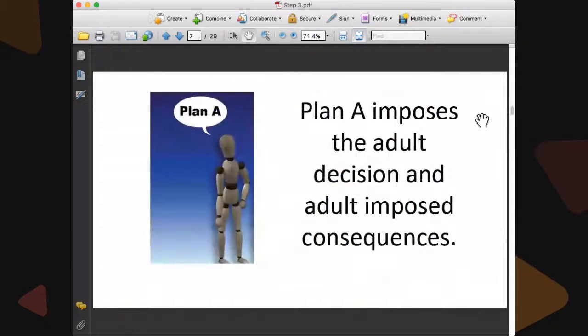And then Plan A is the one that has the most caution. And that's the one that most of us probably have been raised on as far as this is what we experienced as kids. It's adults making demands of us, expecting compliance.